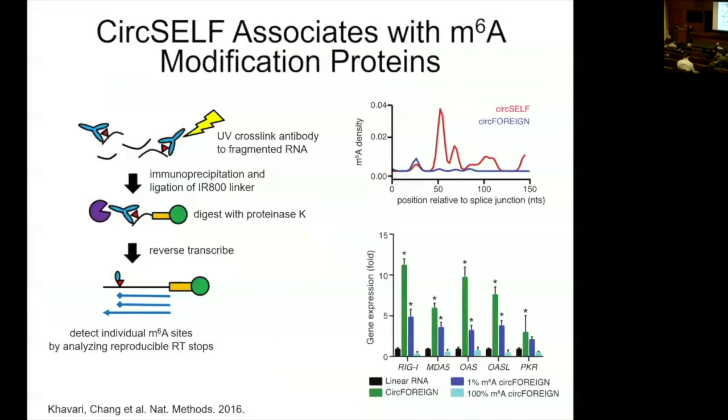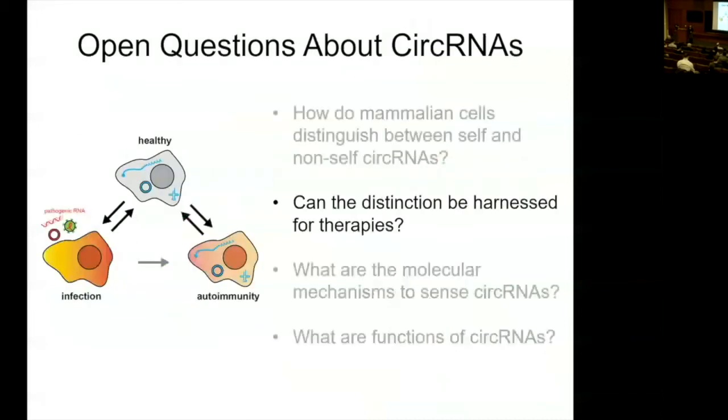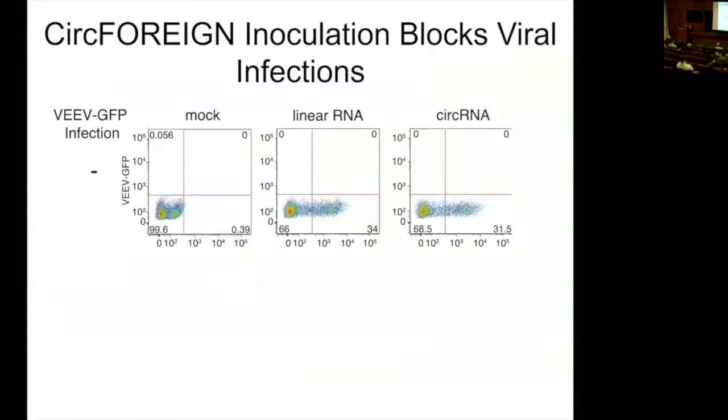And then we wondered, given the cells can distinguish between self-circular RNAs and non-self-circular RNAs, might that be useful in some context? First we took cells in vitro and transfected them with either linear RNA or circular RNA labeled with a fluorophore.